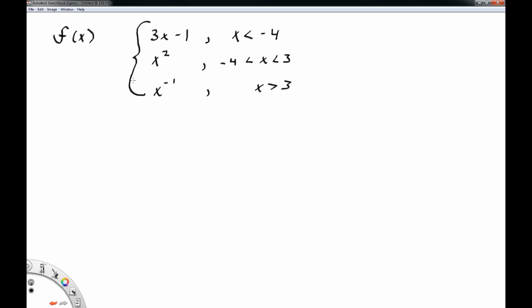And the question is, we need to find these four values. So f of 1, f of 4, f of 3, and f of negative 4.